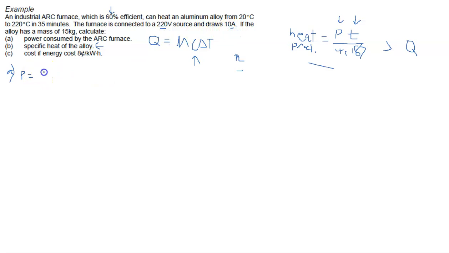So P then is equal to V times I. And we have 220 volts then multiplied by 10 amps. And that gives us 2200 watts.